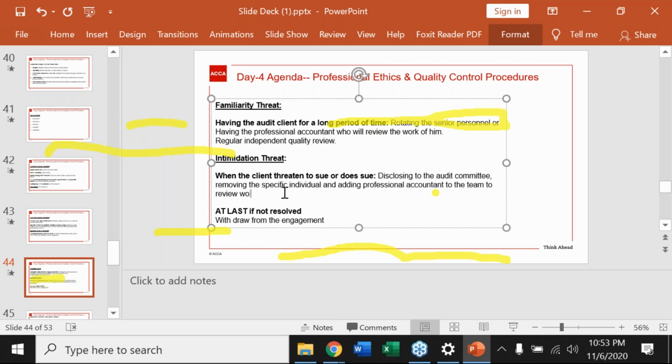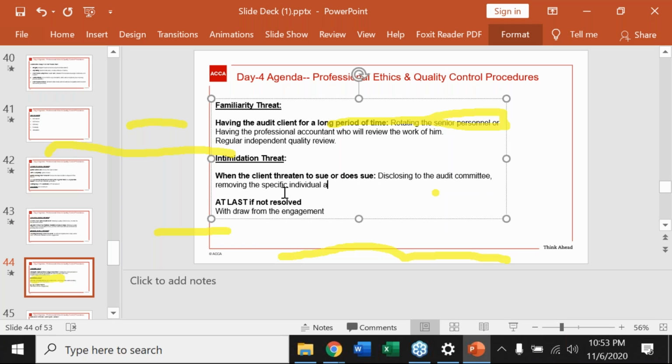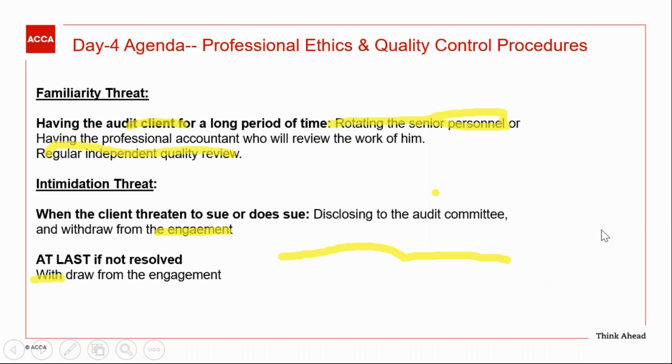You can withdraw after disclosing to the audit committee. At last, if the problem is not resolved, withdraw from the engagement. I have already mentioned it here.